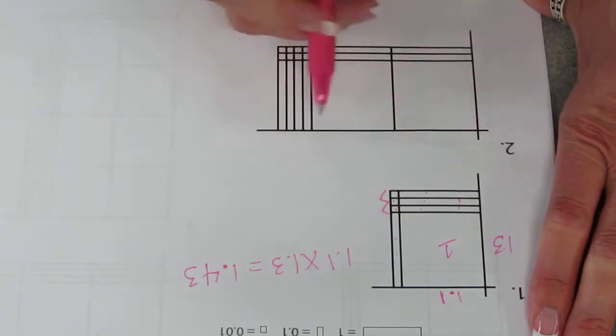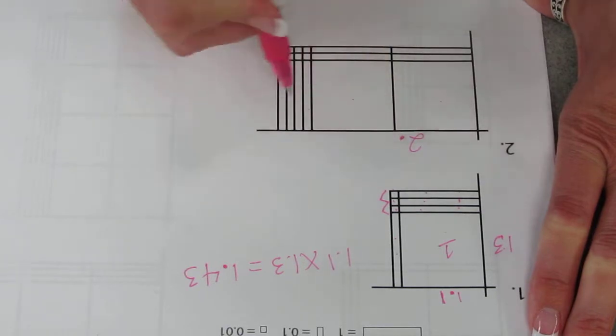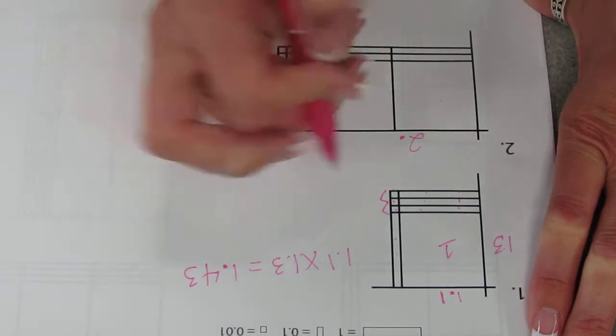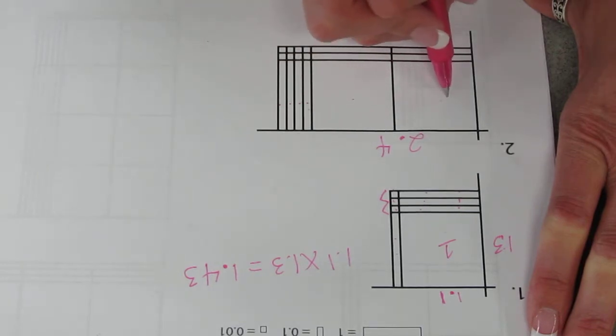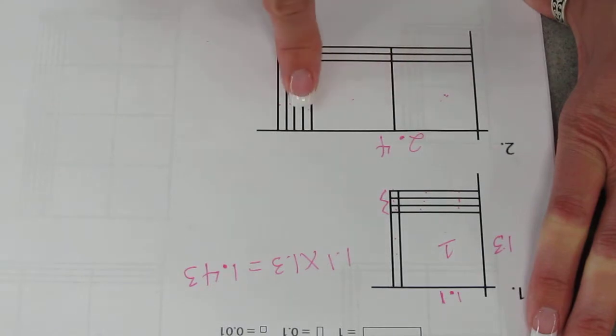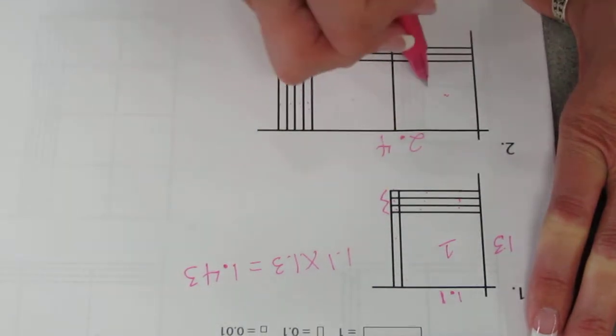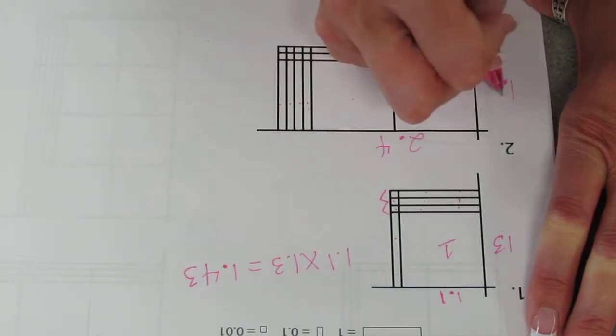Now I'm going to go across first. I have 1, 2 wholes, 1, 2, 3, 4 tenths. Again, I'm going down. I have 1 whole. Now this is where the students may get confused. There's 2 going across, but now I'm looking down, and I only have 1. And then I have 1, 2 tenths.